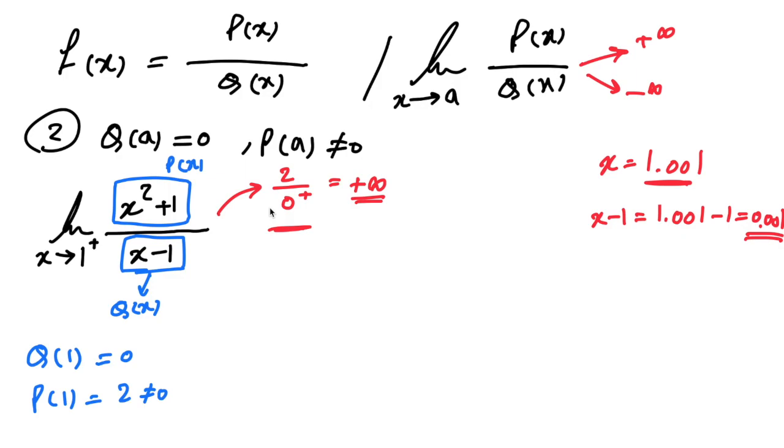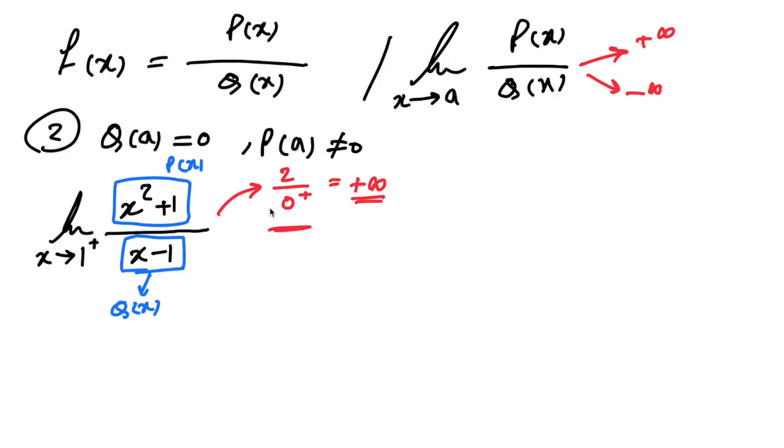For example, the same limit, but this time I'm going to solve it for x approaches 1 from the left: the limit of x squared plus 1 by x minus 1.